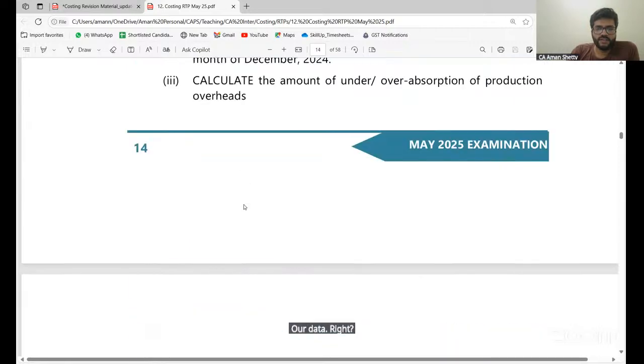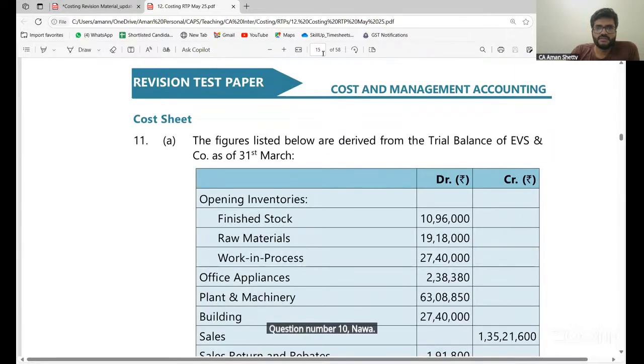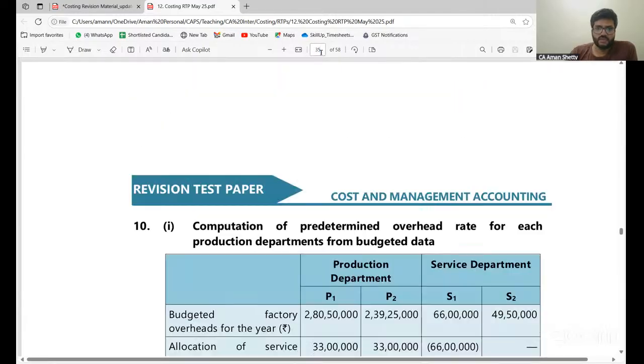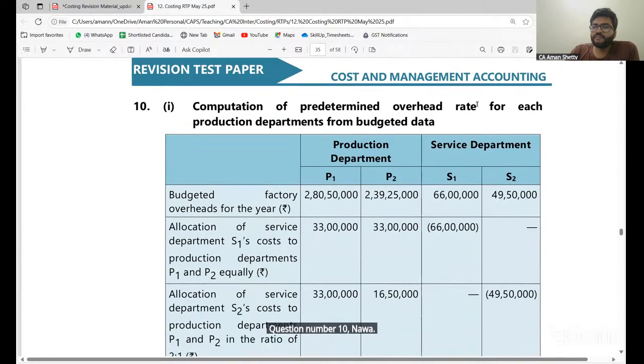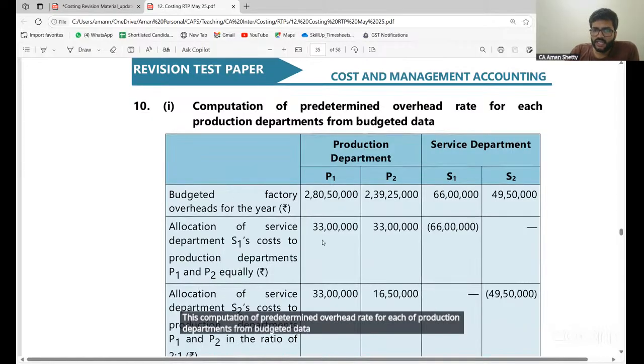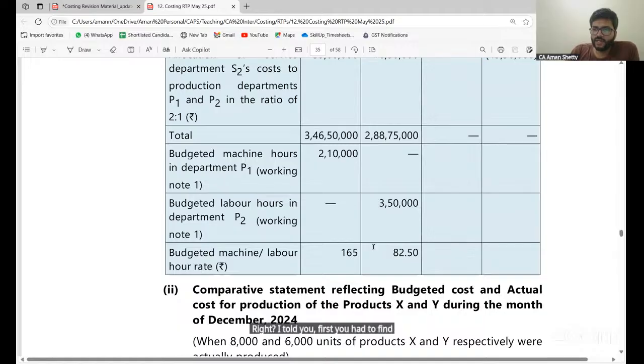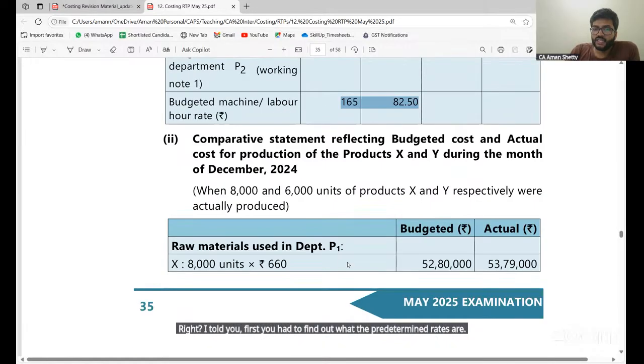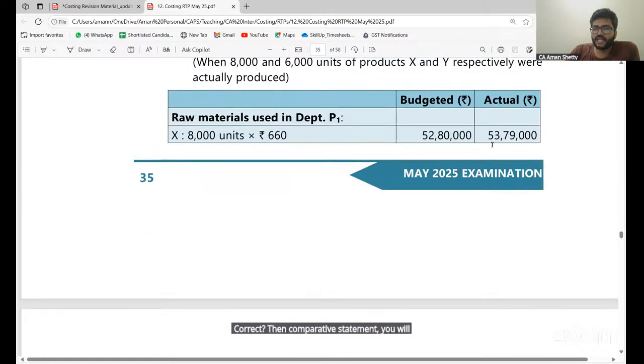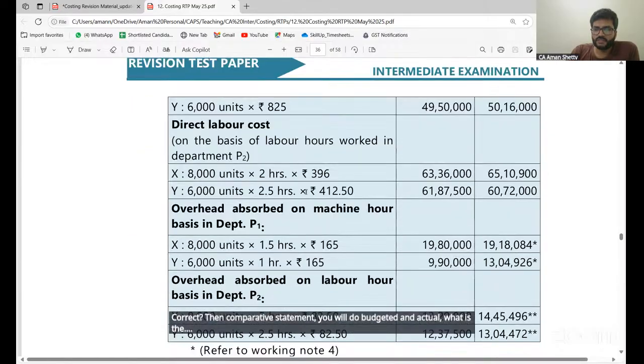Question number 10. Computation of predetermined overhead rate for each of the production departments from budgeted data. I told you, first you have to find out what the predetermined rates are. Then you do the comparative statement, budgeted and actual. What is the comparison?